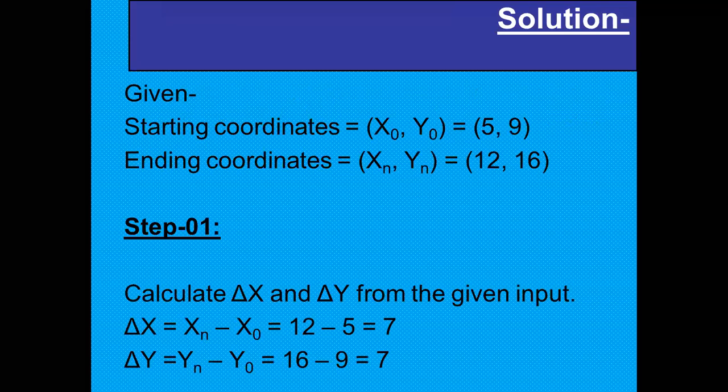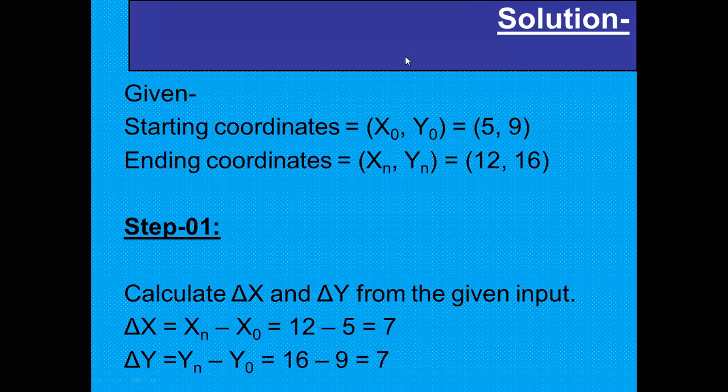Now again, first you will write the starting coordinates as in the preceding case, x0, y0, and the ending coordinates xn, yn. Again we will calculate delta x as xn minus x0 and delta y as yn minus y0.